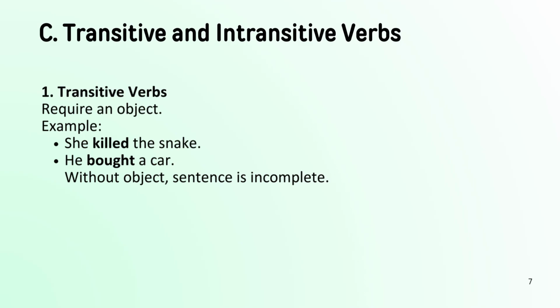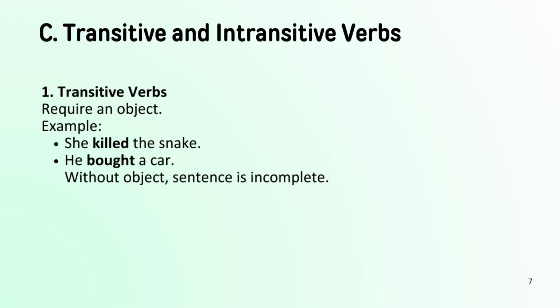Then we have our modal auxiliary verb, which is the second one, and then we have the primary auxiliary verb and the modal auxiliary verb. So this is the B and the C aspect. The third one is the transitive and intransitive verbs.